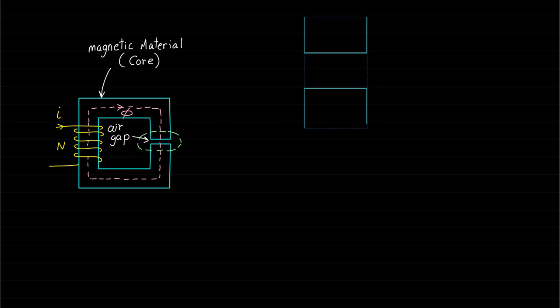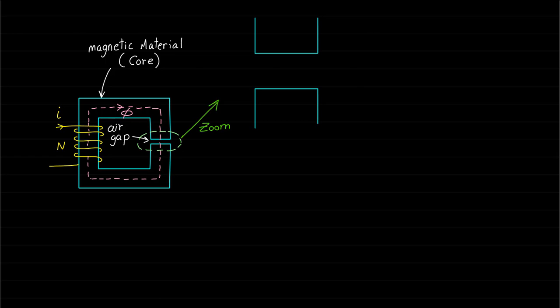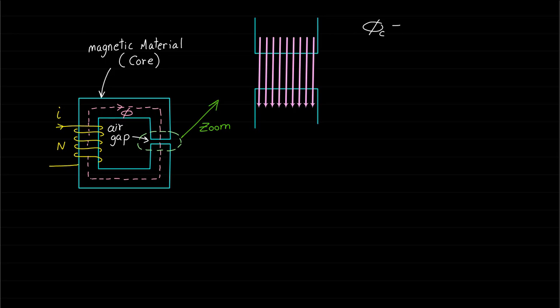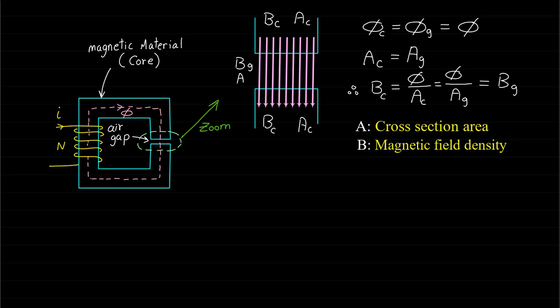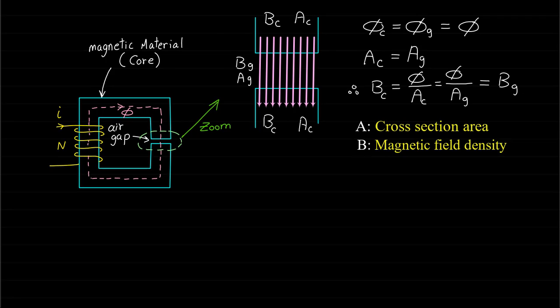Therefore, the cross-section areas and the magnetic flux densities of the magnetic material and the air gap are the same. In other words, Ac equals Ag and Bc equals Bg. If you remember, because of these assumptions, we were able to represent the magnetic field lines of the magnetic circuit by the mean magnetic flux path phi.